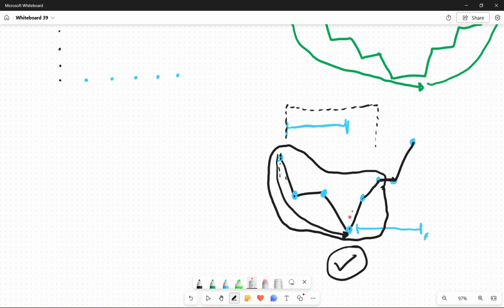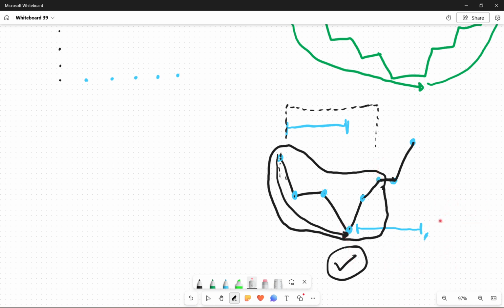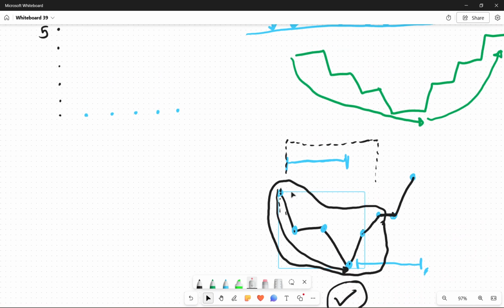We have nothing to do, right? So at the same time, while decreasing this, I want to take care of this part not reaching below 0. So this I don't want to happen. I'm okay with this happening to 0, but not less than 0. Okay, so that is basically the whole idea of this solution.